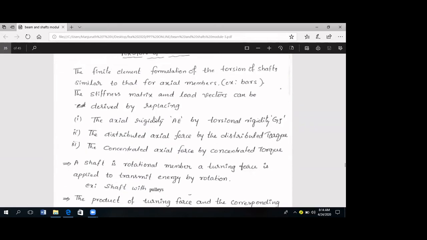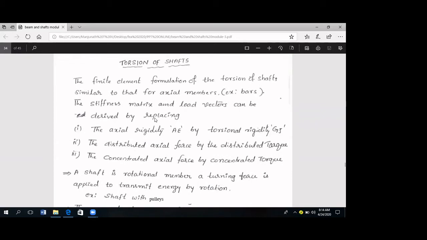So what are those few terms that get replaced as compared to the axial members? The first one: the axial rigidity. In the axial rigidity, we have A and the modulus of elasticity. A is the area of the shaft and E is the linear elastic modulus.